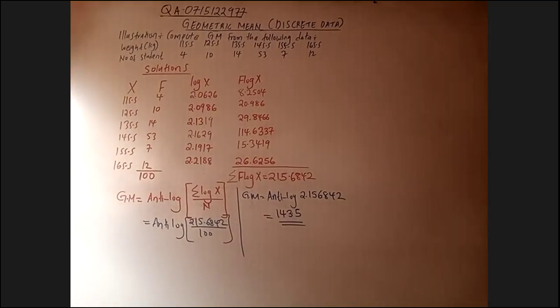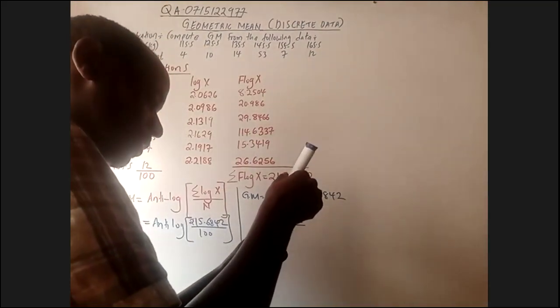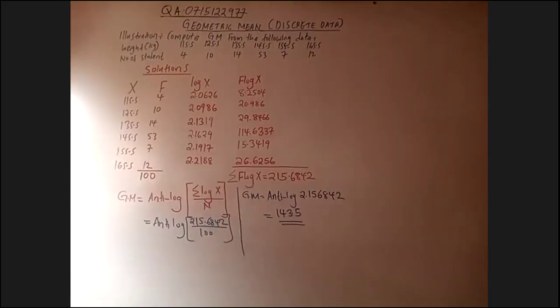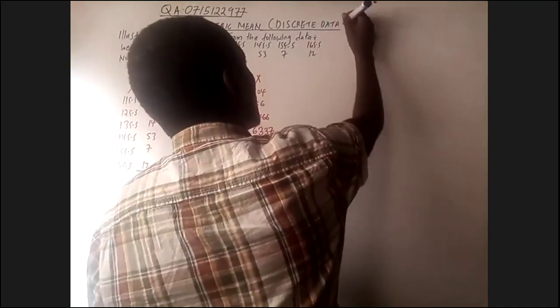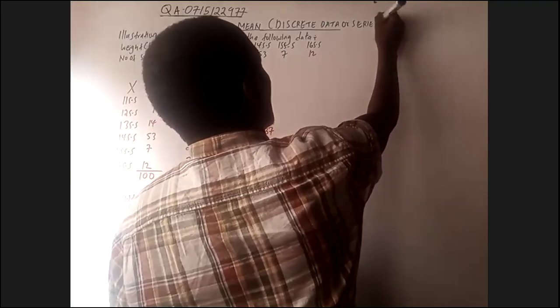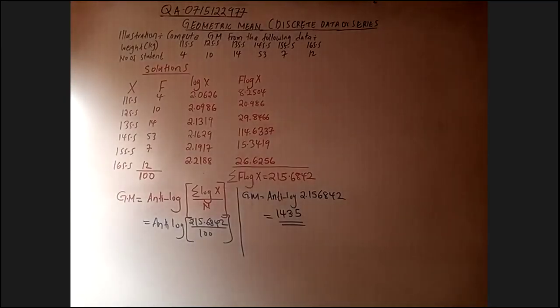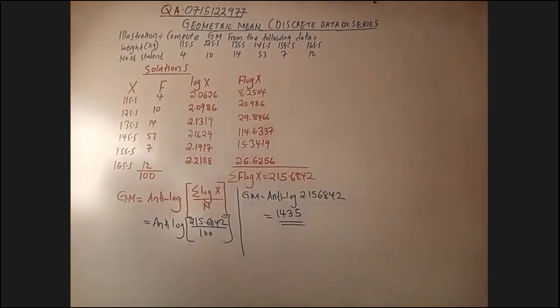That is continuous series, so this is continuous data. Now up to that point, what do you say? Do you understand?